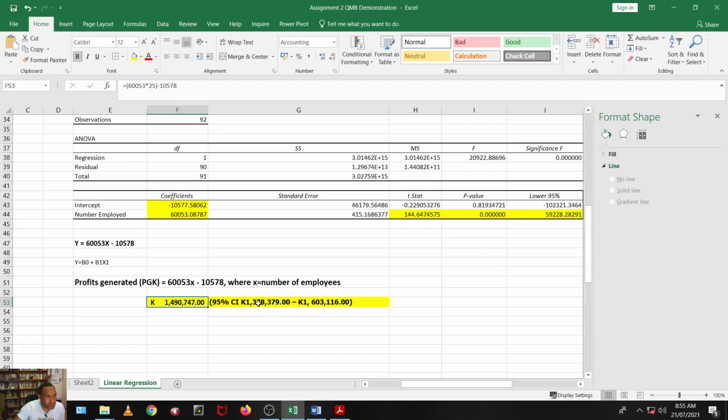So this means that we are 95% confident that the true profit generated, given that we employ 25 new staff, will be somewhere in between this specified interval. But the one that we've calculated from this is this figure here. Okay? I hope this helps.